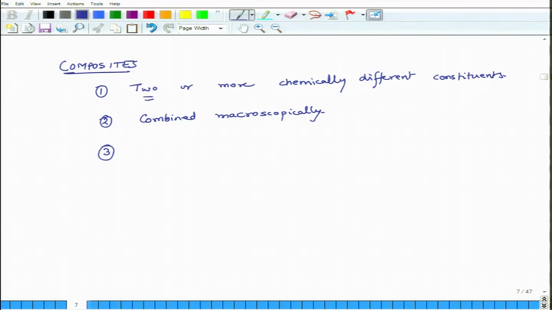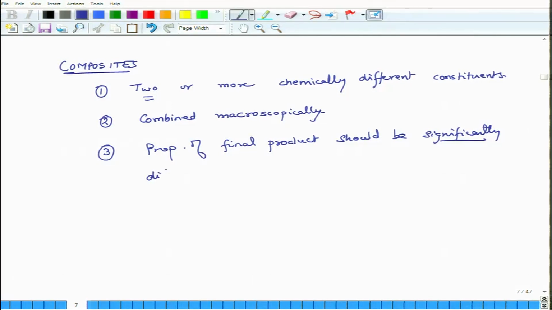So, another way to say that it should yield a new useful material is that the properties of the final product should be significantly different than that of the constituents.